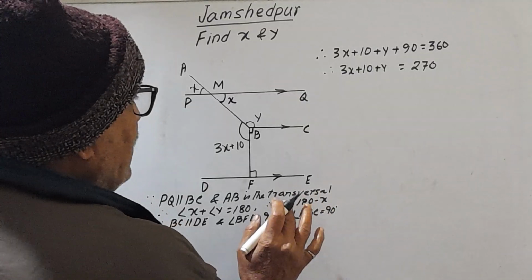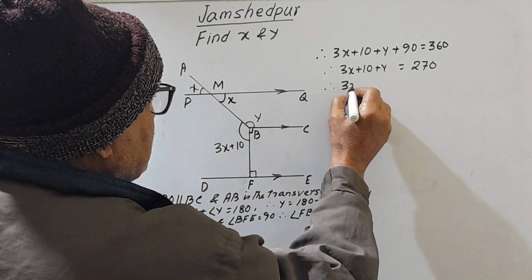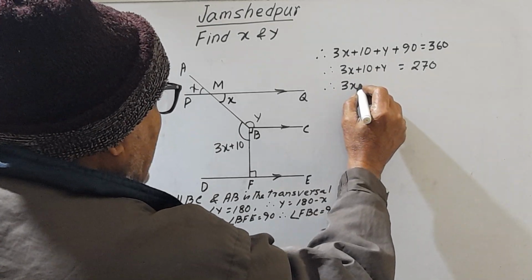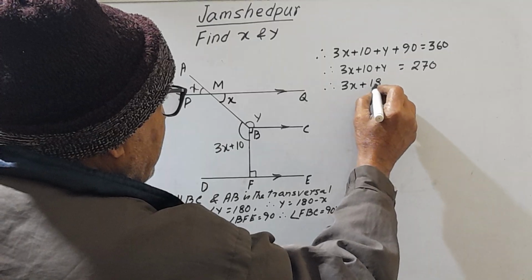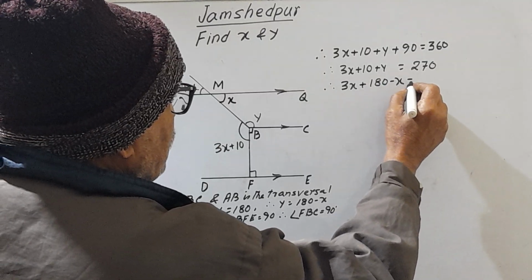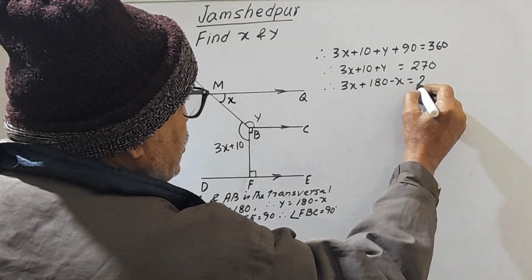Now you put this value here. Therefore 3x plus 180 minus x equal to, this will transfer here, so it will become 260 degree.